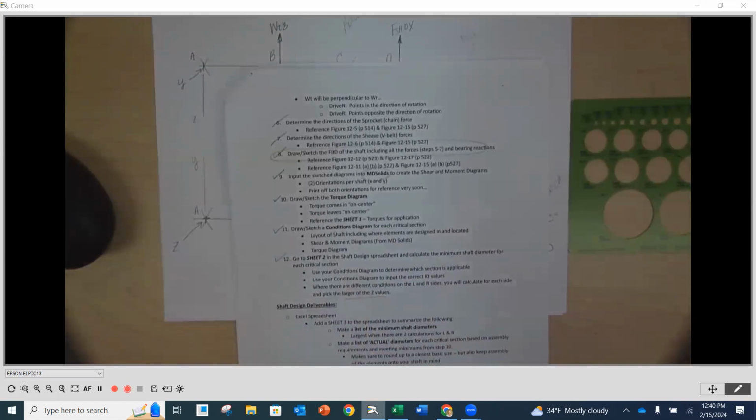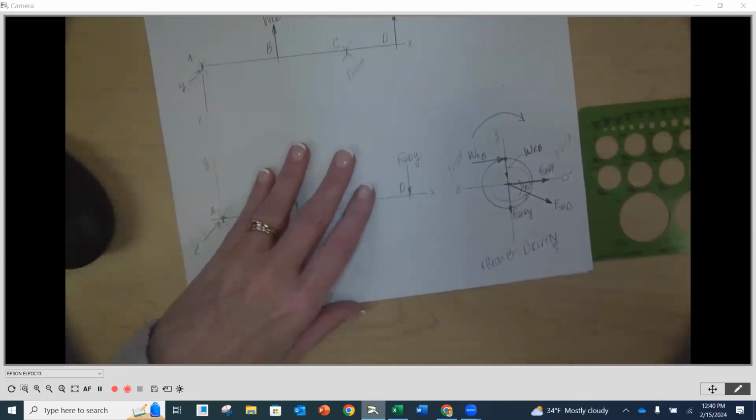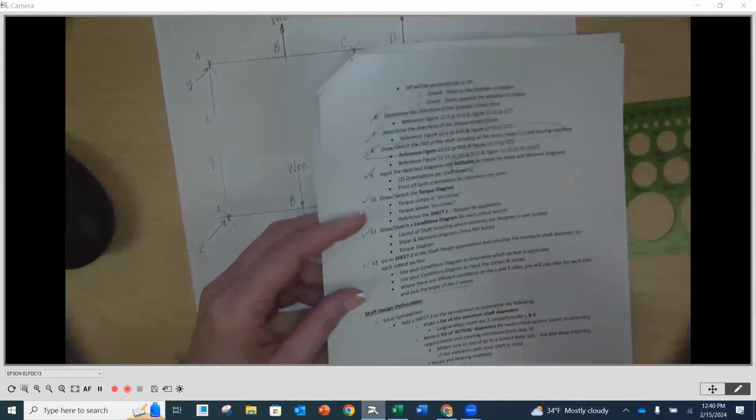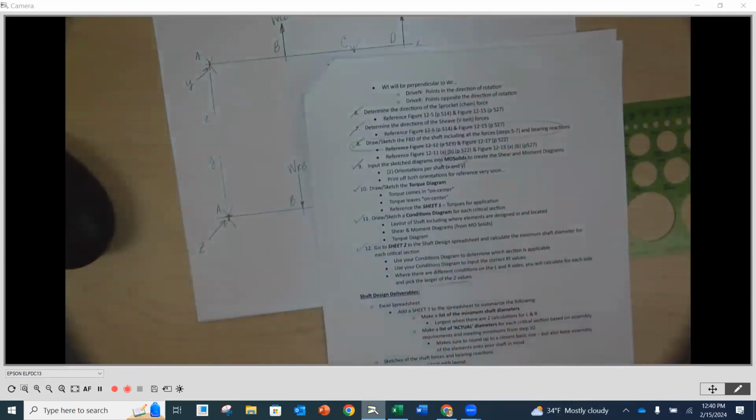Okay. Now, as we talked about deliverables wise, we have these listed down here. As a suggestion, when we were together the last time, I said, maybe if it's easy enough, rather than having all separate files for your free body diagram and your torque diagram and your conditions diagram, I would suggest taking screenshots of those or pictures and then just putting them into that third, what do we call it?